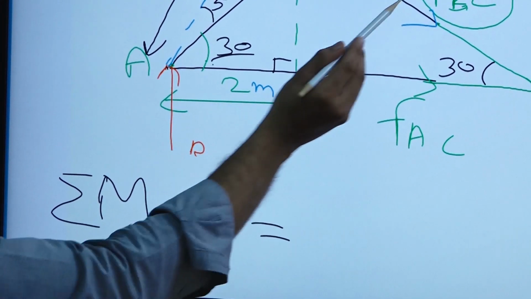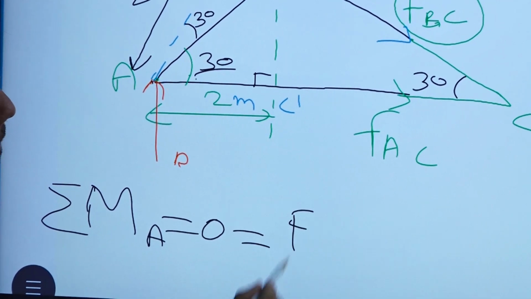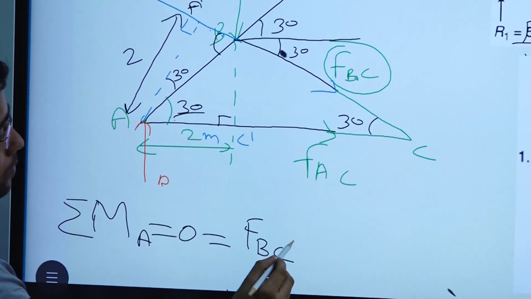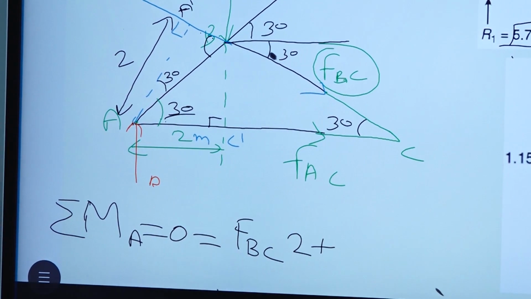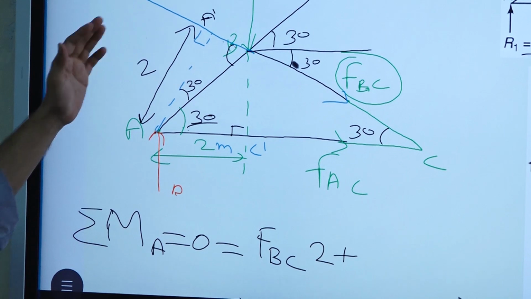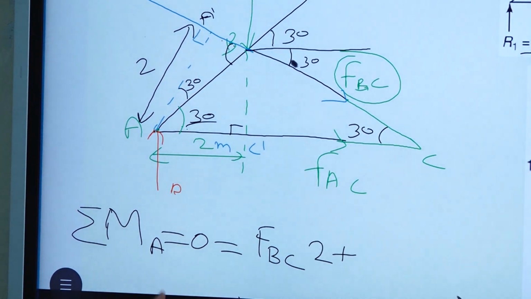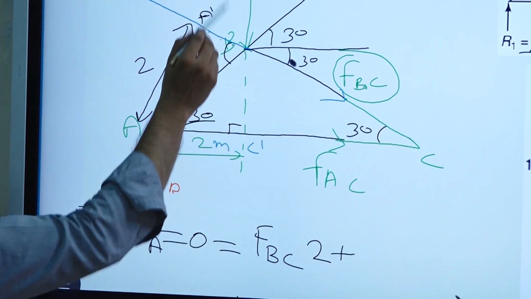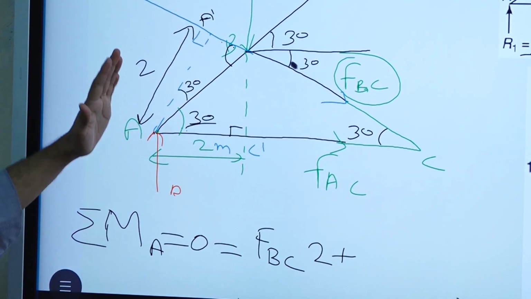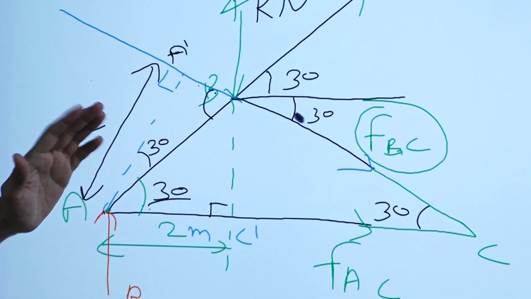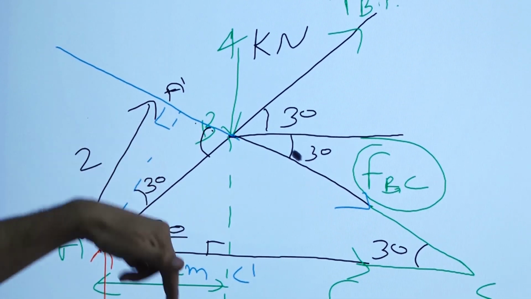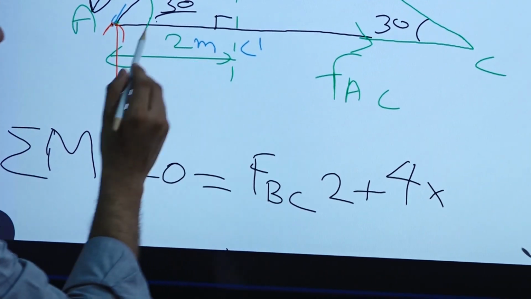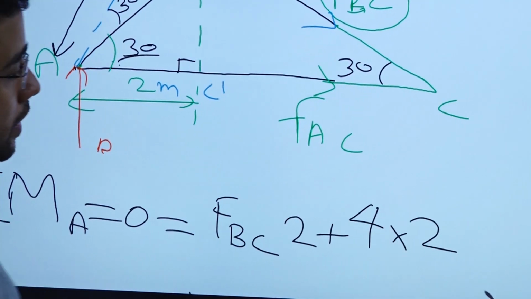So first we will take the force FBC. FBC into 2, plus FBC is trying to rotate it in the clockwise direction. We just assume that it is positive. FBC into 2, and the 4 kilonewton is also trying to rotate this in the clockwise direction, since the force is acting in the downward direction. 4 into the perpendicular distance 2.